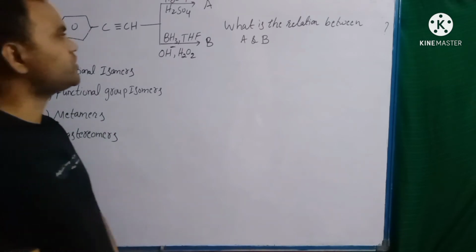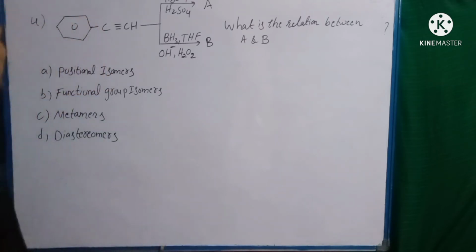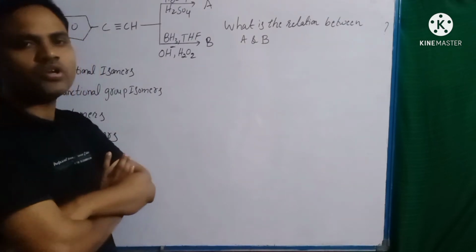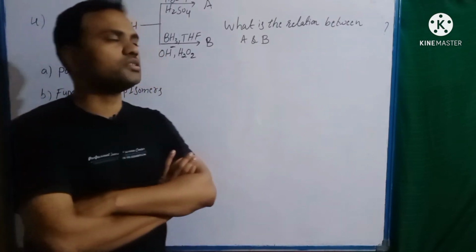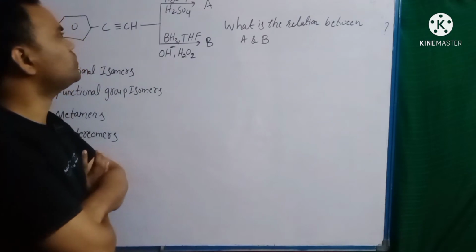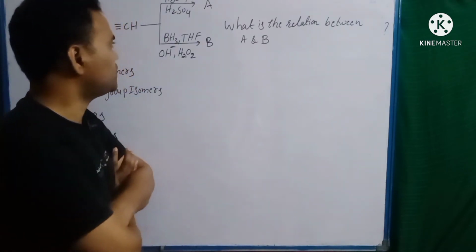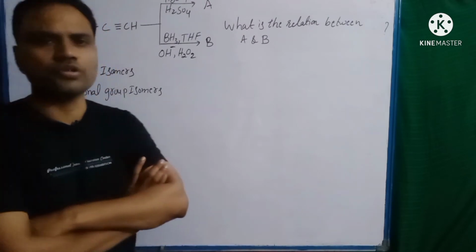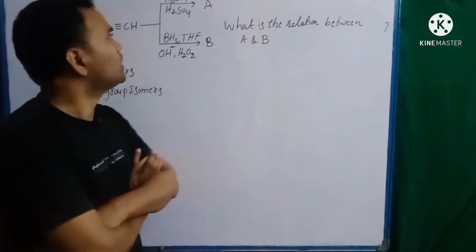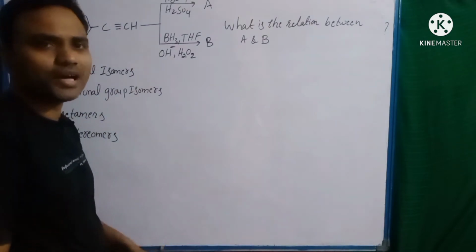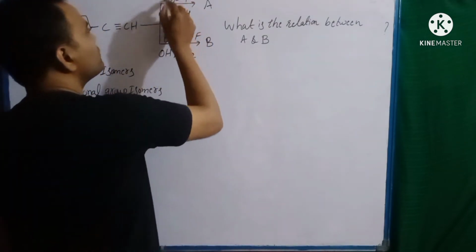What is the relation between A and B? Option A positional isomers, option B functional group isomers, option C metamers, and option D diastereomers. First let us know the function of the HgSO4 and H2SO4 reagent and the function of BH3 THF followed by oxidation. See, HgSO4 and H2SO4 adds a water molecule to alkyne according to Markovnikov's rule.